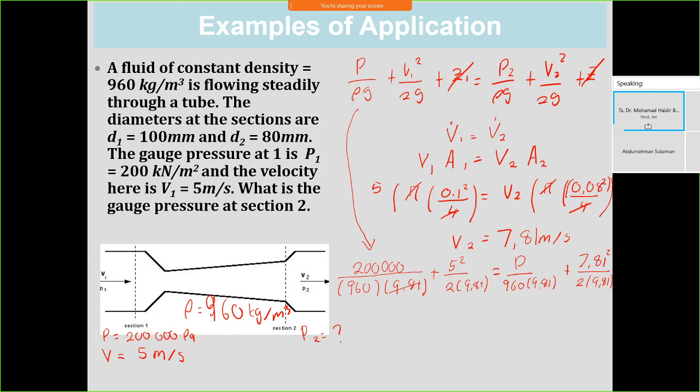You can cancel 9.81 because it is in every term. So now you are supposed to get the pressure, and the answer is in Pascal.